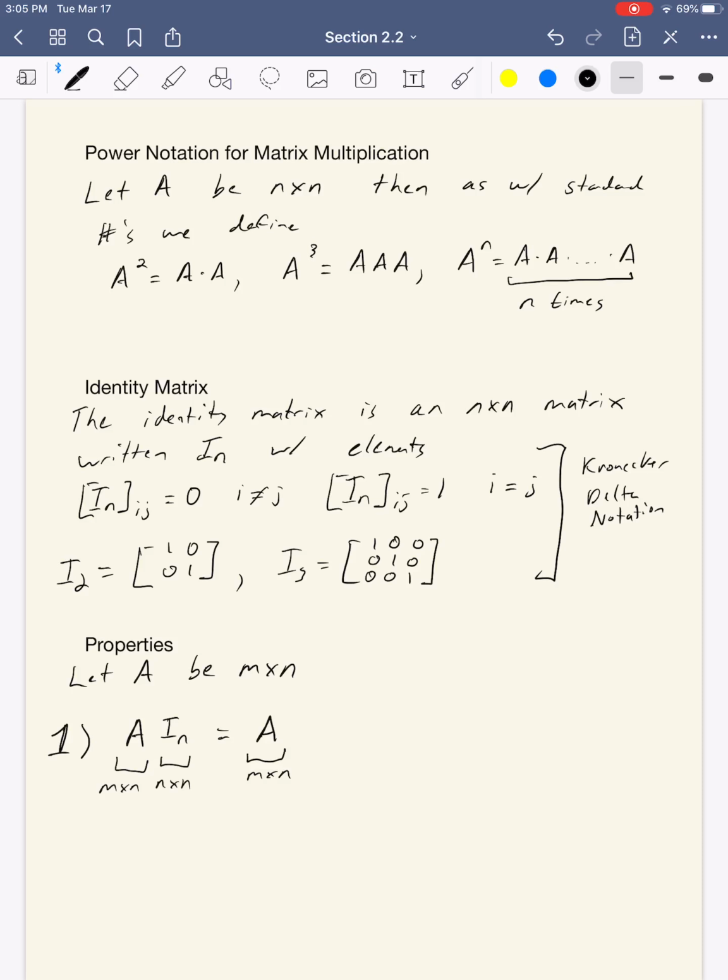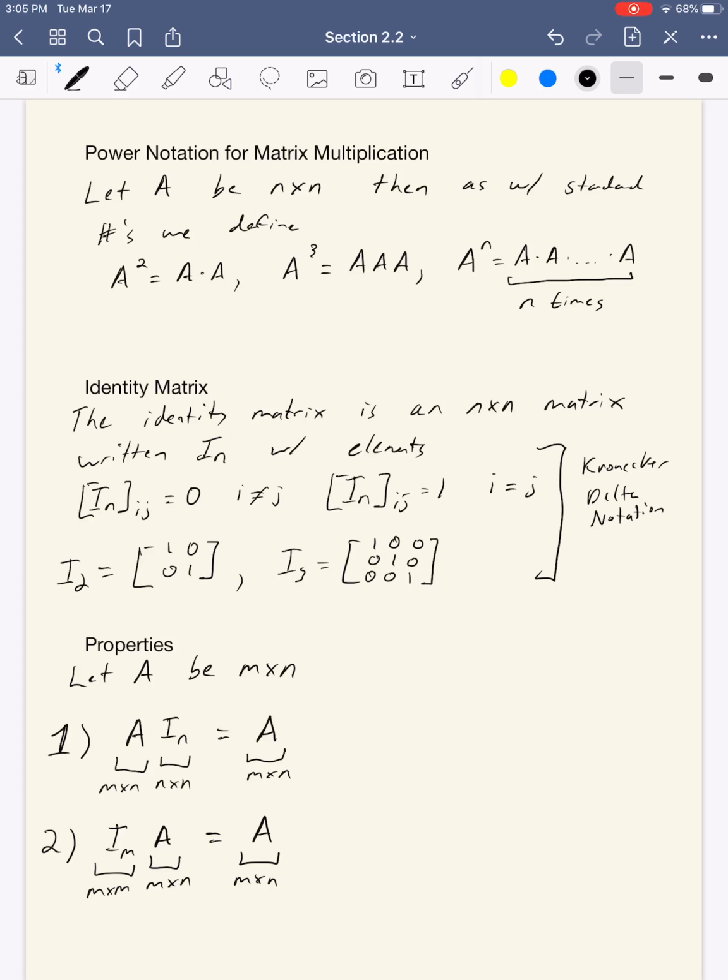And second, if you do I sub m times A, so this is an m by m matrix, and this guy is m by n, then the result will also be A, which is of course m by n. So this shows us that the identity matrix acts like the number 1 under matrix multiplication.